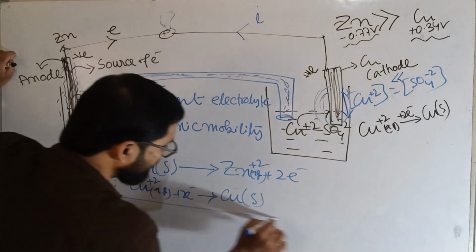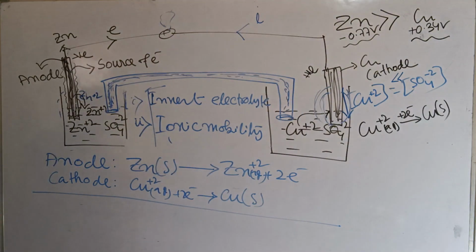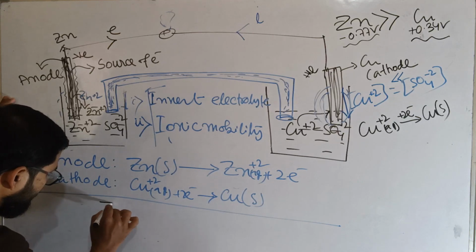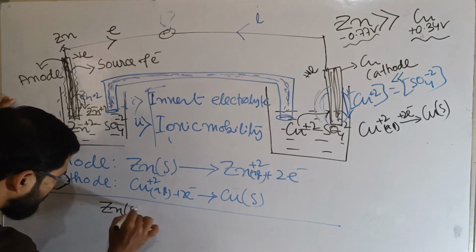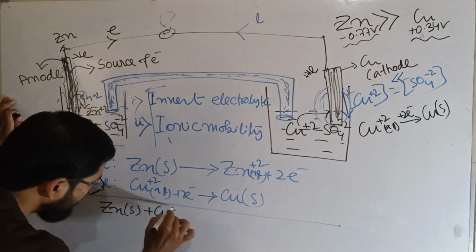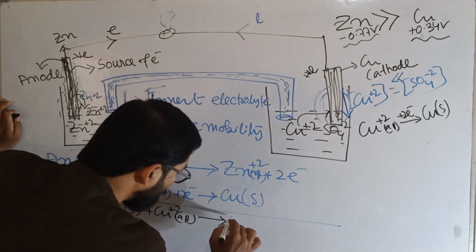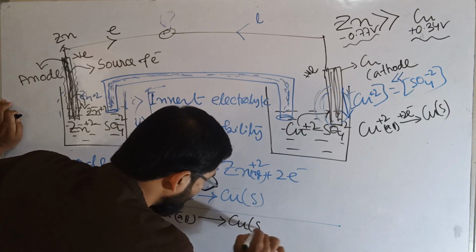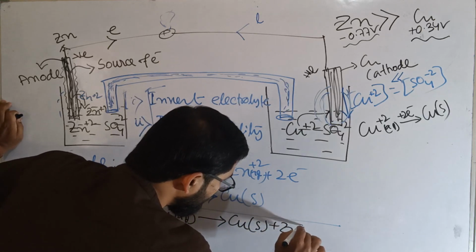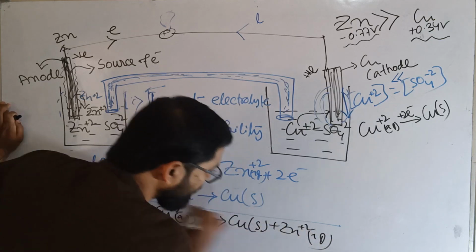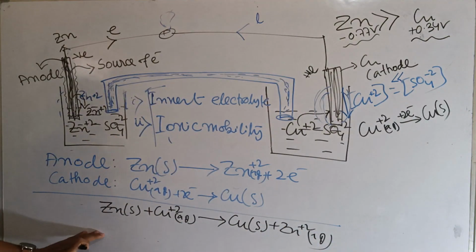So the net reaction will be Zn solid plus Cu+2 aqueous to Cu solid plus Zn+2 aqueous. This is the net reaction.